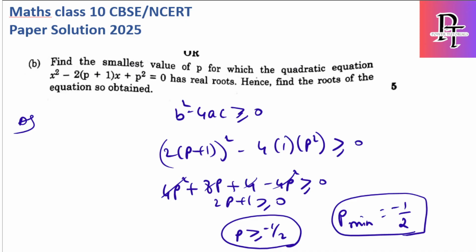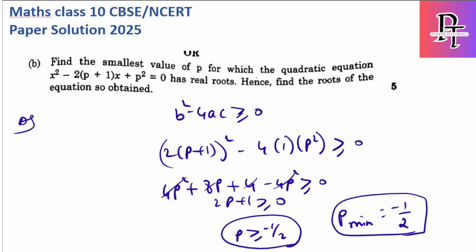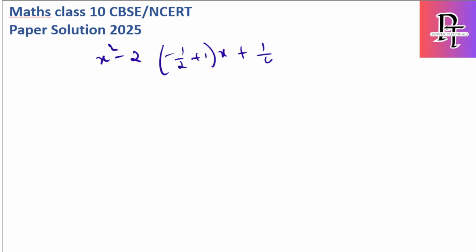So this becomes x square minus 2 into minus 1 by 2 plus 1 into x plus P square, which is 1 by 4. So we get x square minus 2 into, 1 minus 1 by 2 is 1 by 2. So it is x plus 1 by 4 is equal to 0.